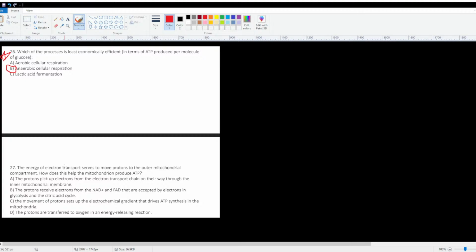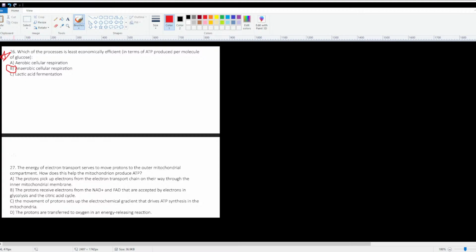We can't do the citric acid cycle. We can't do pyruvate oxidation. All we have to do is make as much pyruvate as possible for lactic acid fermentation, for anaerobic cell respiration. Anyway, I'm just rambling at this point, but the point I'm trying to make is barely any ATP is being made.